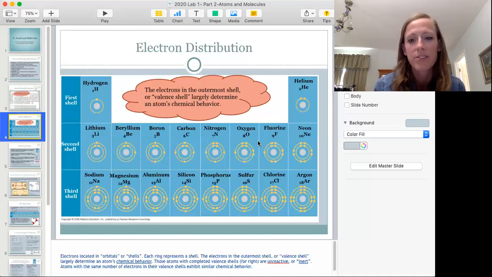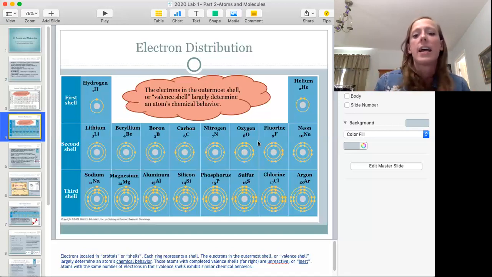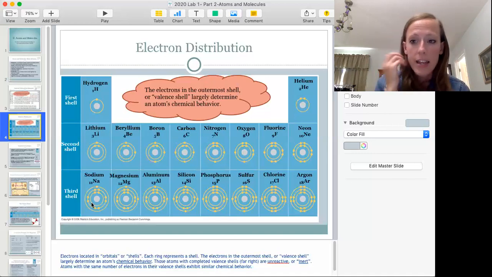And so what it really wants to do is steal one more to complete that valence shell, because then it'll be stable and happy. So what tends to happen is that you've got a lot of reactivity between elements that are on the extremes. So oxygen, fluorine, sulfur, chlorine with lithium and sodium, because they have only 1 to gain or lose.